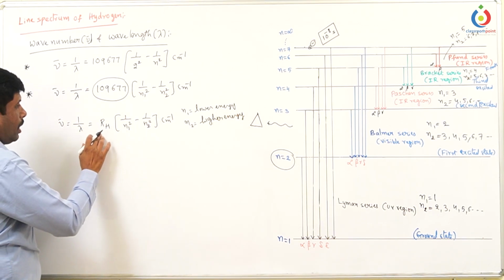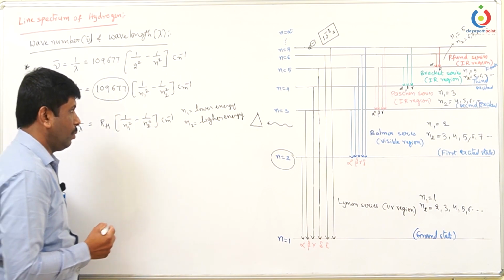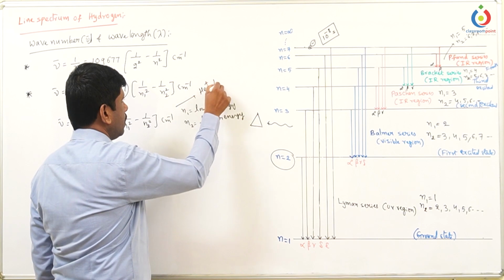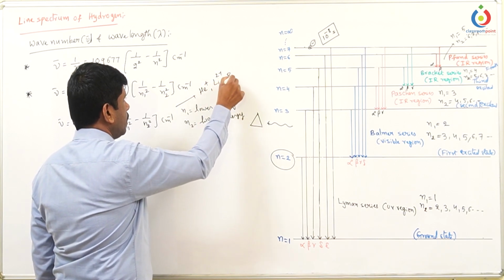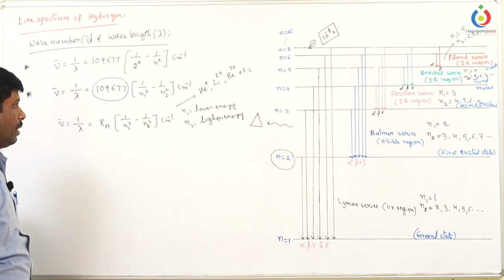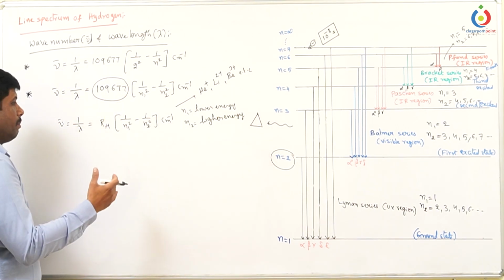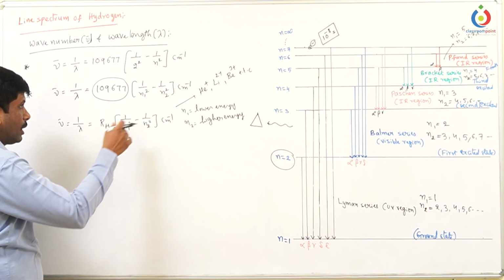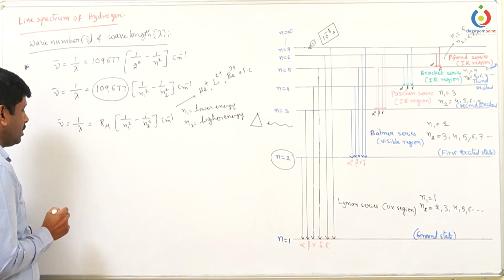Now, what if we would like to apply this to hydrogen-like species? Hydrogen-like species means He plus, Li2 plus, Be3 plus, etc., which are single electronic systems. For these, it is not the same as in the case of the hydrogen spectrum. That means this formula has to be modified because the atomic number is included.